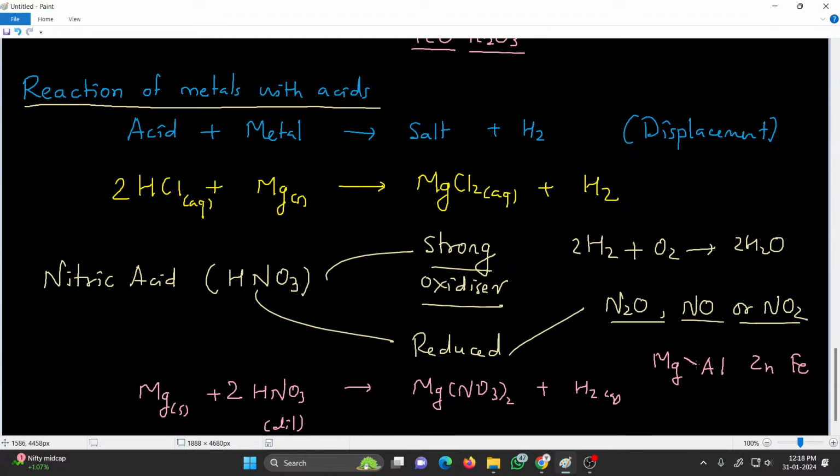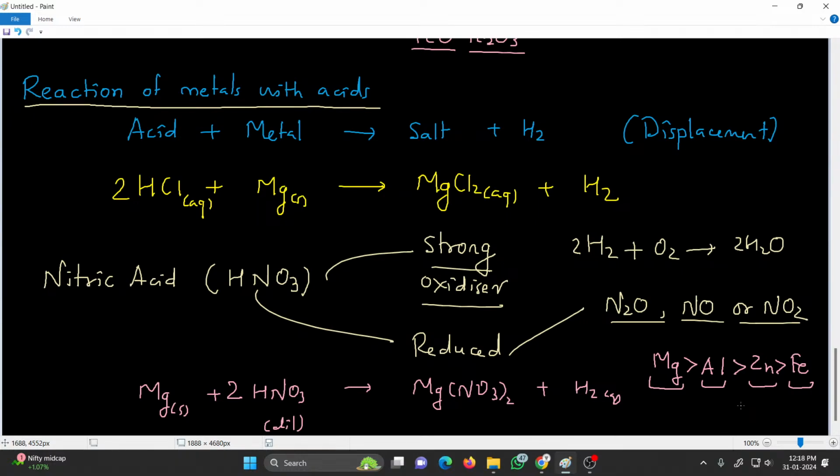Now out of the metals magnesium, aluminium, zinc and iron, magnesium reacts most vigorously with acid, meaning the effervescence, the gas bubbles, are maximum in case of magnesium, followed by aluminium, followed by zinc and iron. So it tells you about the reactivity of metals when they react with acid.